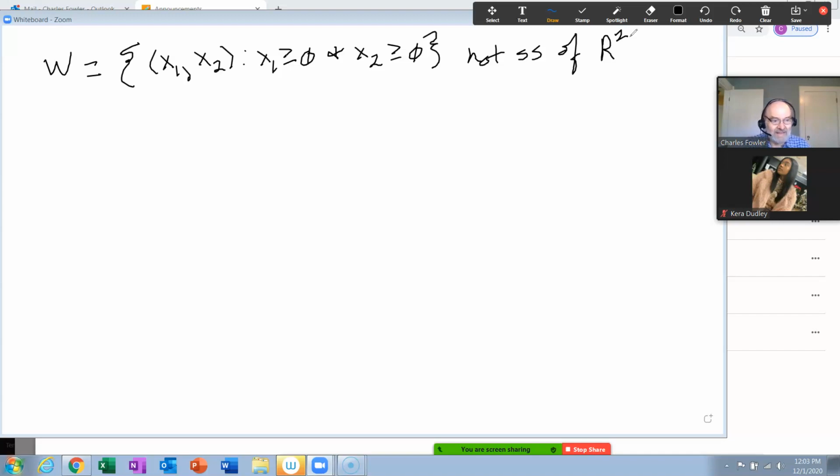And again, anytime you're trying to show not, all you have to do is come up with one example that won't work. And if you can come up with one example that won't work, then you got it. Okay? And here is my proposal for an example. Give me a number, any number in the world, but make it positive, greater than 0.